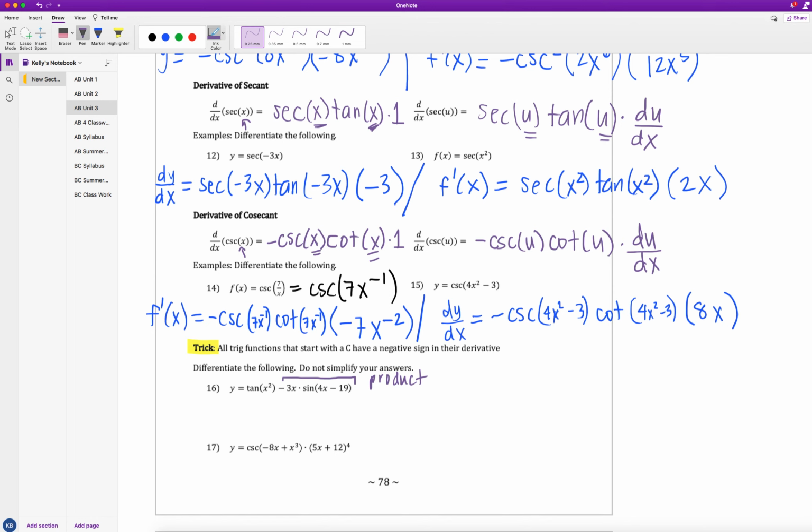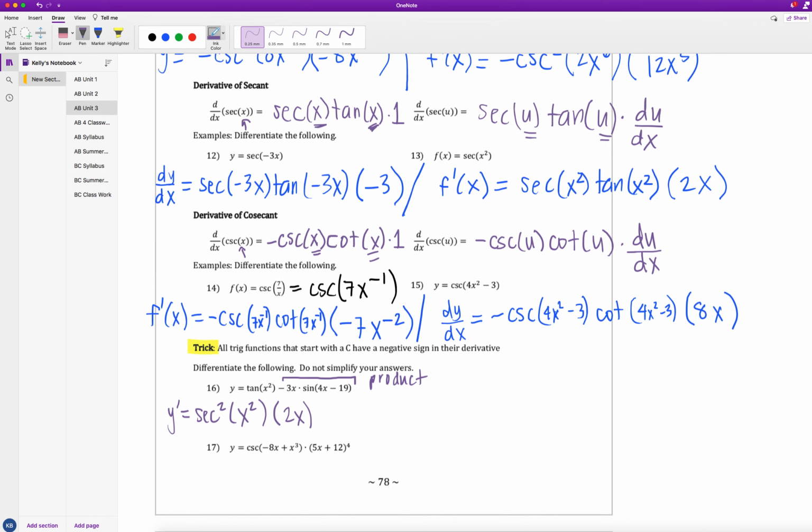So when I go to take my derivative here, we'll start with the derivative of tangent of x squared. Derivative of tangent is secant squared. Keep the inside the same, so the x squared stays the same, times the derivative of that inside function, which will be 2x. That's just coming from the derivative of tangent of x squared. Now for the product rule, I have to be careful with this.